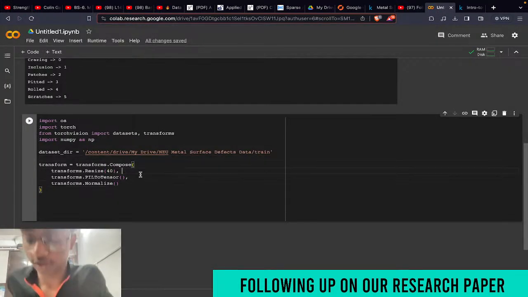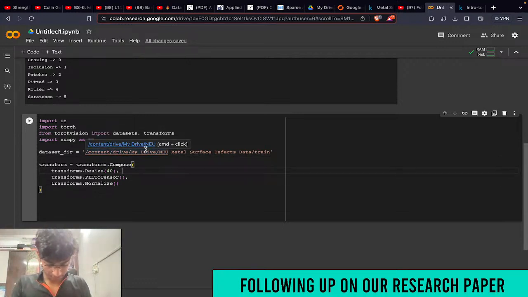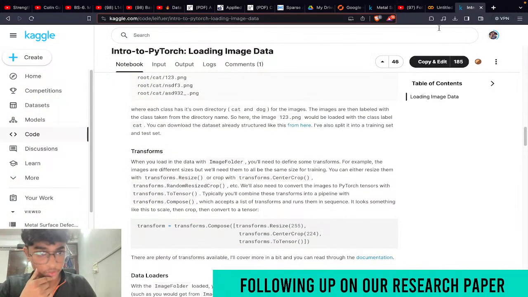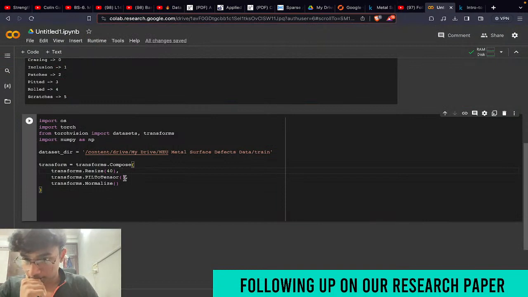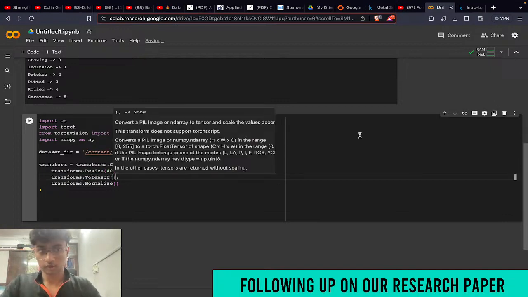Okay, no more distractions. So, transforms.Resize, that's what we'll be needing. We'll be needing transforms.ToTensor.